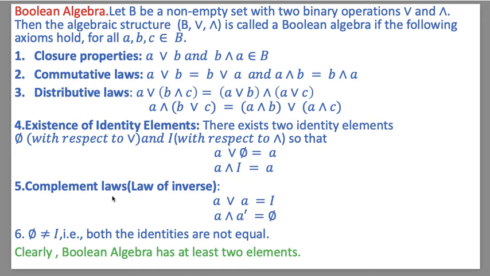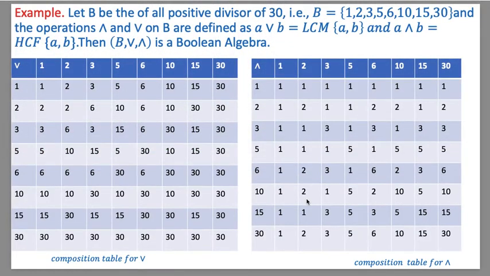Complement laws means a join a dash is equal to I, a meet a dash is equal to phi. And the last one is both the identities are not equal, means phi is not equal to I. These identity elements depend on the relation and the set under consideration. Clearly, a Boolean algebra consists of at least two elements, which are the two identity elements with respect to the two binary operations.